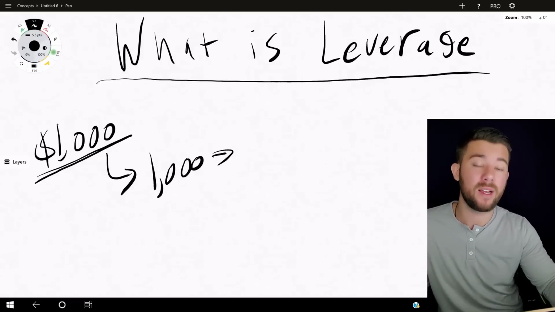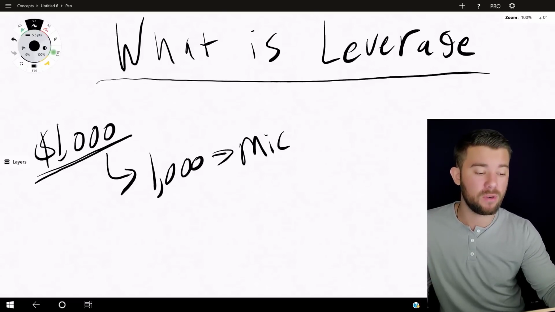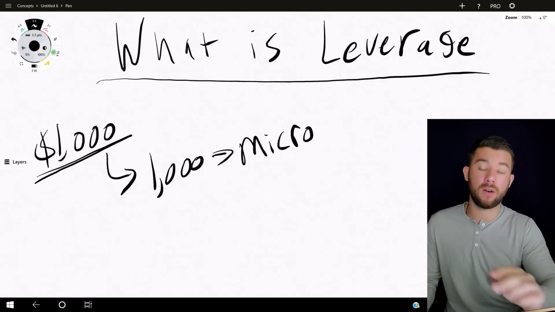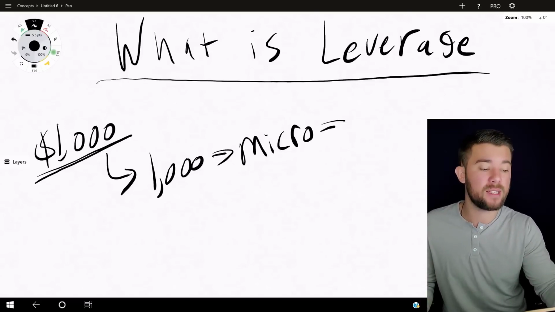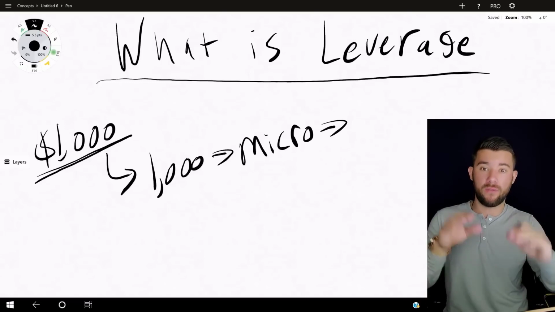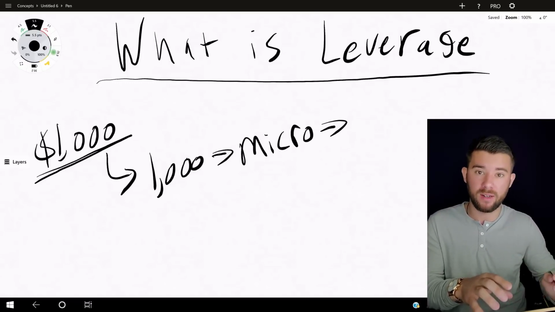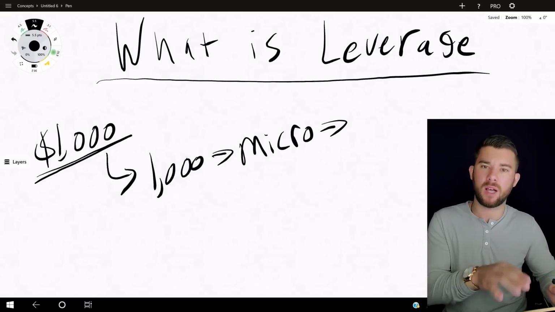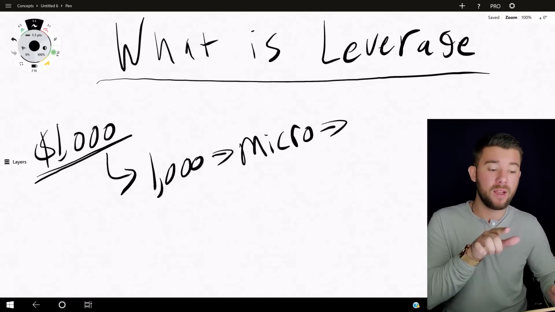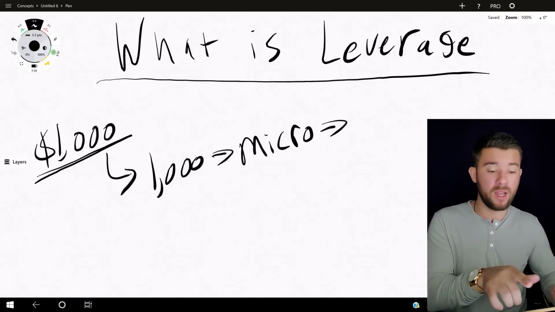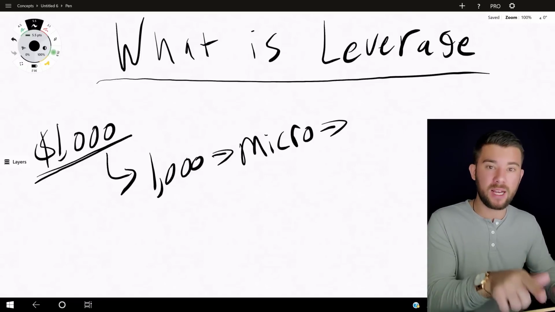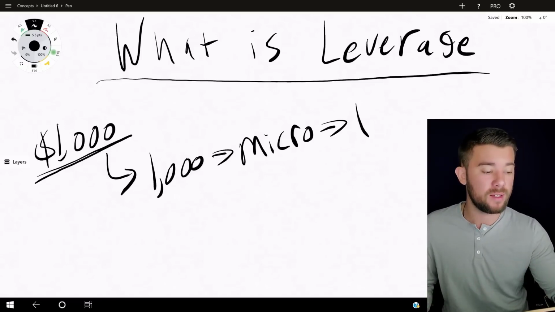What is 1,000 units? That is a micro lot. One micro lot on most pairs determines the value of a pip for your position. Stay with me. If you haven't studied lot sizes, we have another video on that you've probably just watched, hopefully. This 1,000 unit micro lot is worth 10 cents per pip.